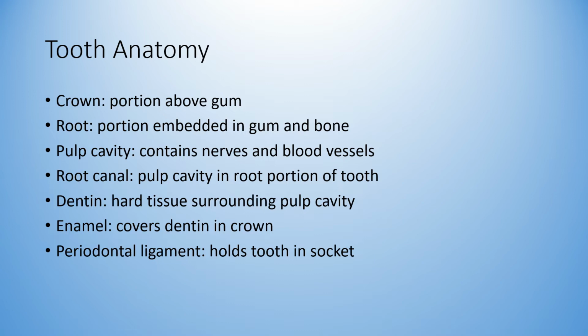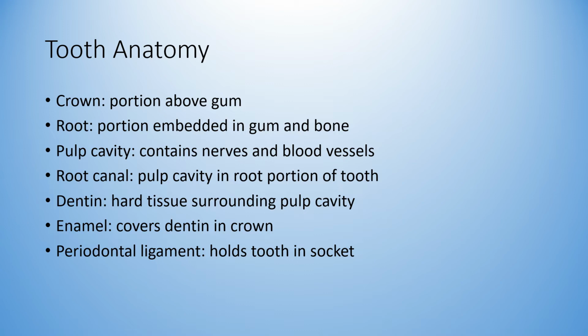When you look at the tooth itself, in terms of the anatomy of it, the portion that you see, that portion that's above the gum line, is called the crown. The root is the part that's below the gum, and it's helping to hold it into the bone in that joint. That's considered a joint. The pulp cavity contains the nerves and the blood vessels. The root canal is part of the pulp cavity that's in the root portion of the tooth.